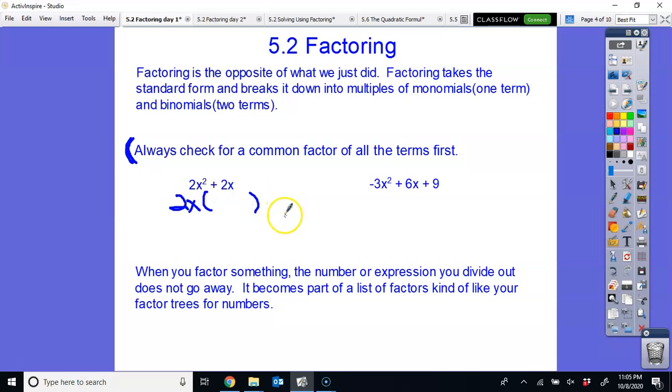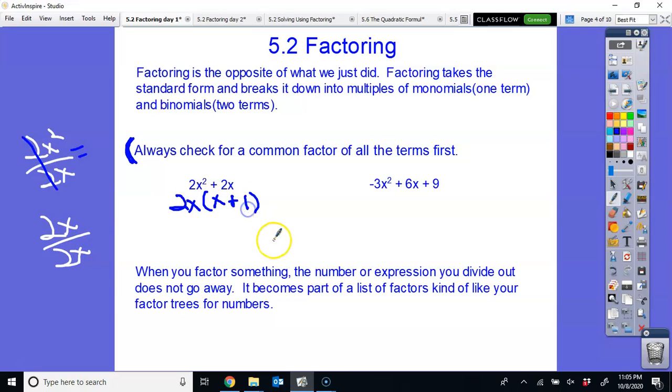Now when I say take an x out, I literally mean you're dividing 2x squared by 2x, because it's got an x squared in it. And you're dividing the 2x by 2x because it can divide evenly into both of those. But watch what happens when you do that. If you divide 2x squared out, it's going to be just 1, and one of the x's is going to cancel, so it's just going to be 1x left over. 2x divided by 2x is easy.